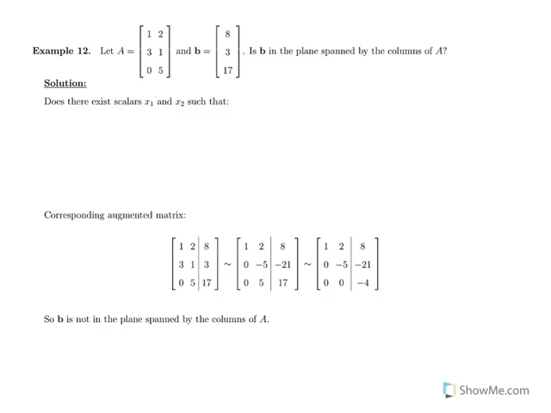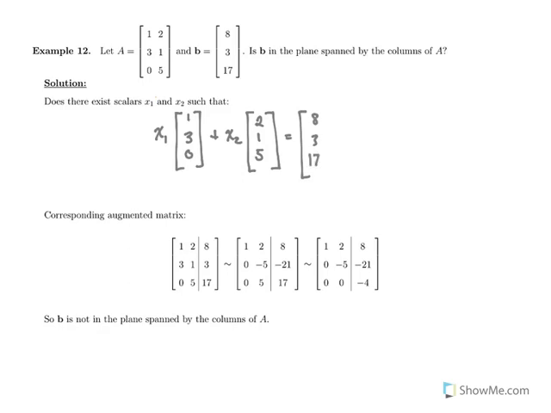Another way to think about it is, do there exist scalars x1 and x2 such that x1 times the first column, 1, 3, 0, plus x2 times that second column, 2, 1, 5, would be equal to 8, 3, 17, that vector B?